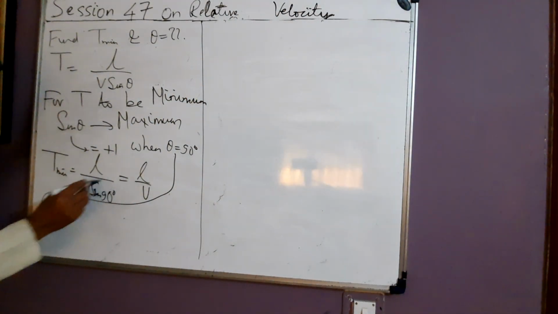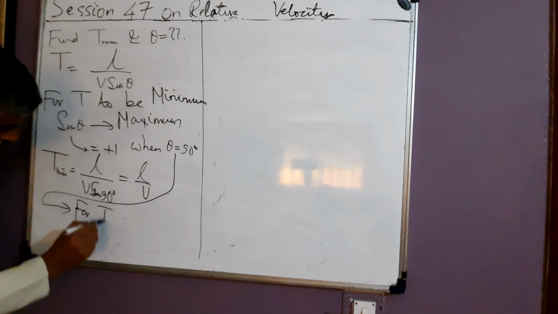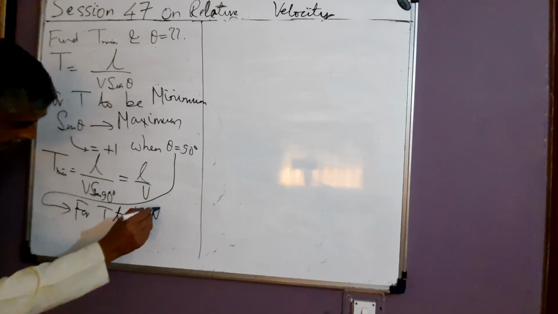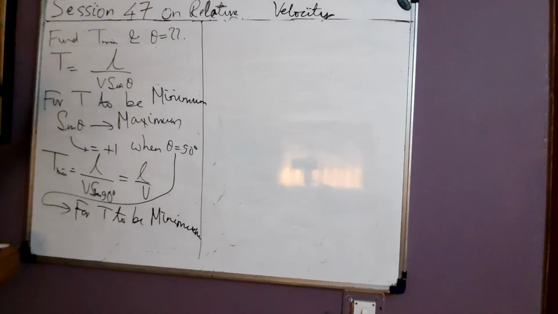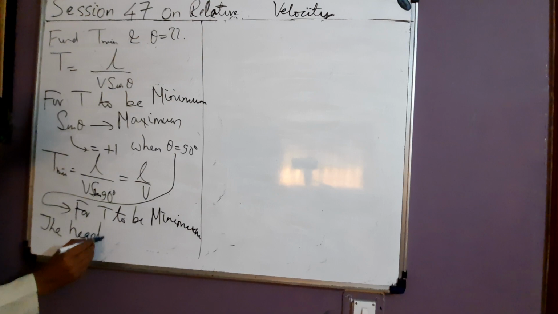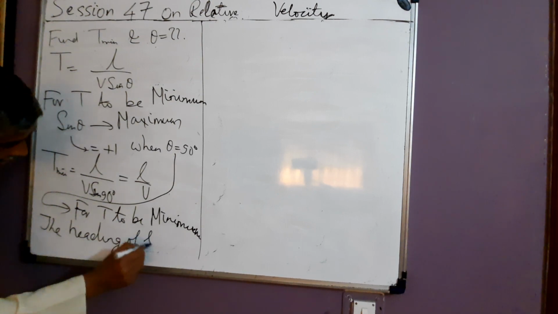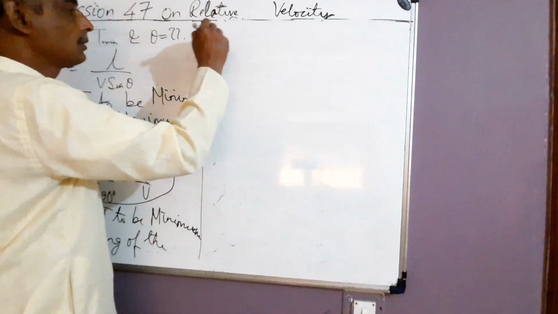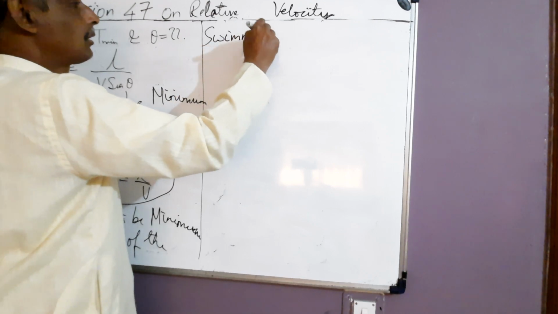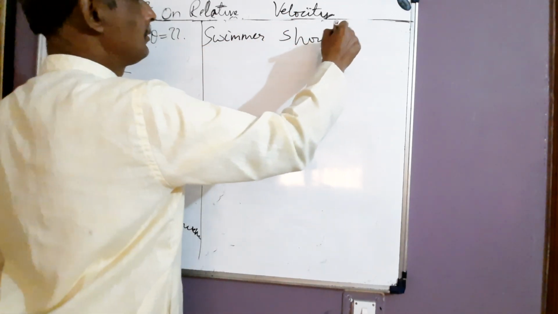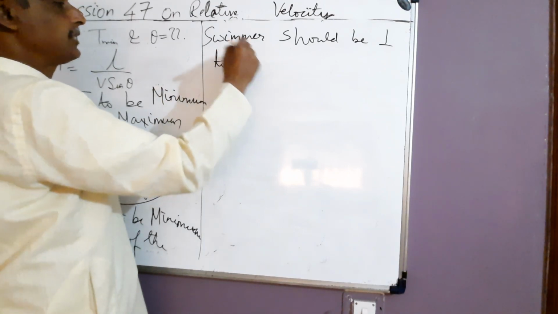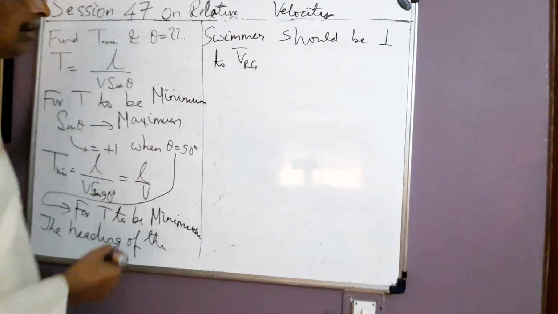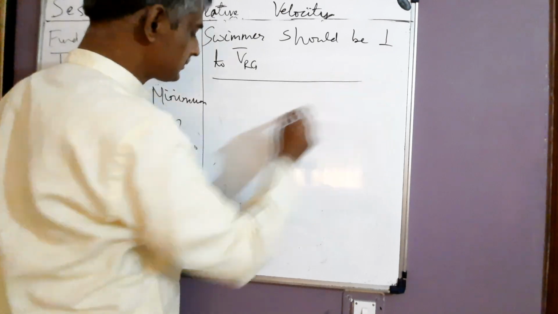So for T to be minimum, the heading of the swimmer should be perpendicular to VRG.